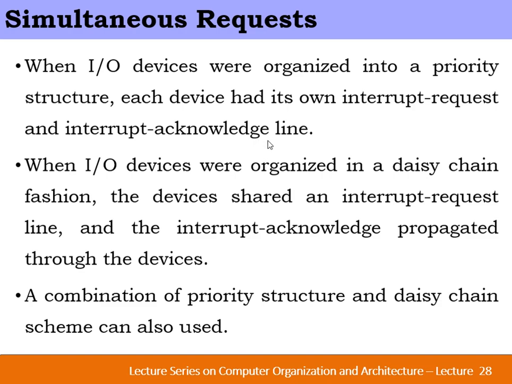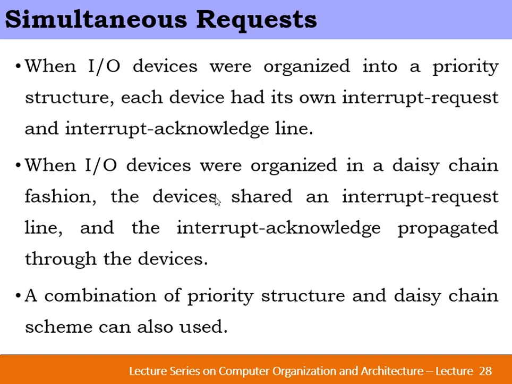When IO devices were organized in daisy chain fashion, the devices share a common interrupt request line, and the interrupt acknowledgement line is propagated throughout the devices. Thus, in order to find a proper solution, we are going to make a combination of both the priority based mechanism and the daisy chain mechanism.